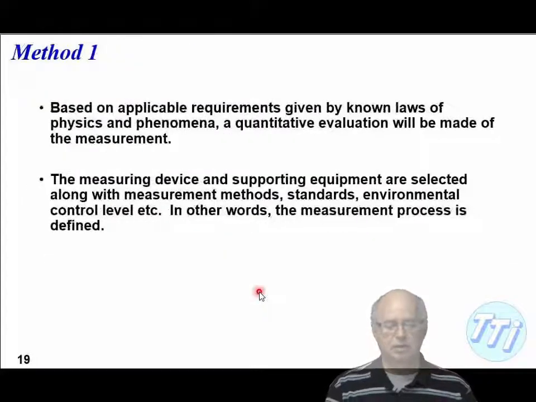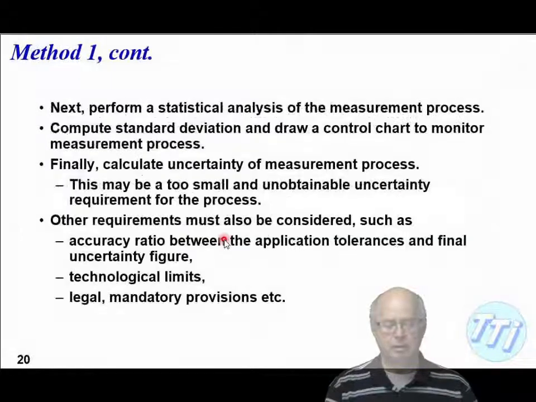So in method 1, where we go forward, it's based basically on the system that's there. It's based on all the science and the physics and the phenomena that happen, and we do quantitative evaluation as we move forward. And we're going to use all of the equipment that's been defined, and eventually we're going to come up with the final uncertainty.